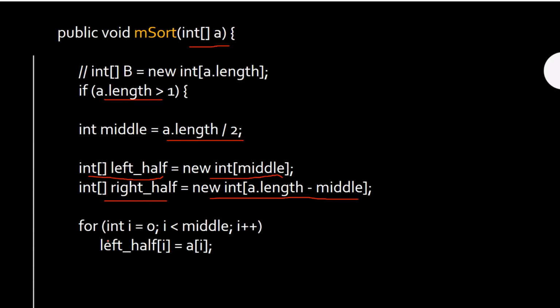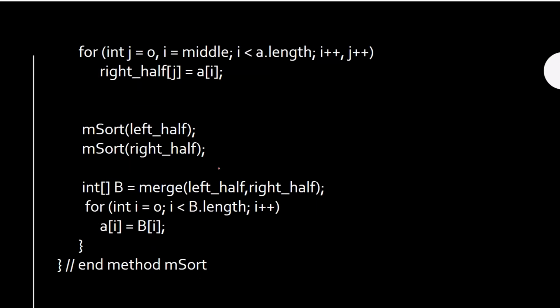Now we iterate through the array to be able to copy the values in our array into the left part. We do the same for the right. We copy the values of the array from the middle to the end into the right part.